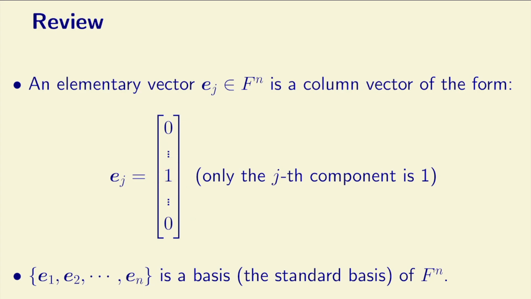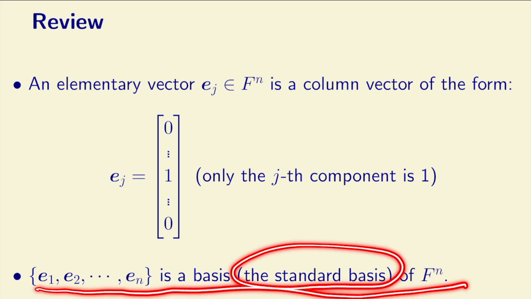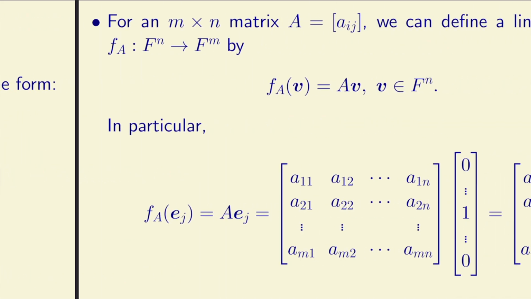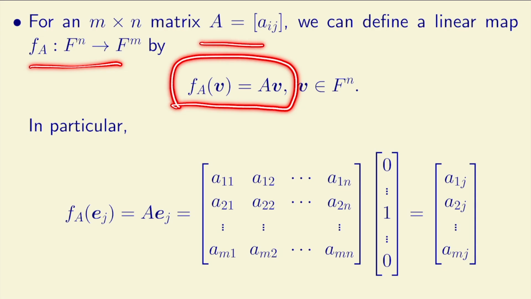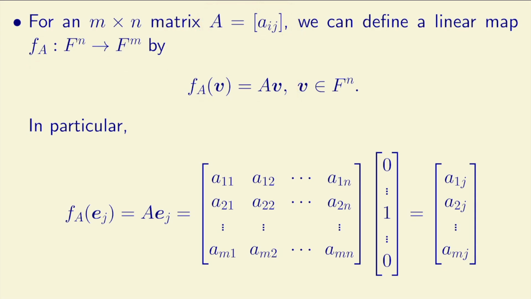That set of vectors, e1 all the way to en, is the standard basis for F to the n. And then it defines a linear map fA, that's multiplication by an m by n matrix A. It also shows that fA of ej is just the jth column of the matrix A.